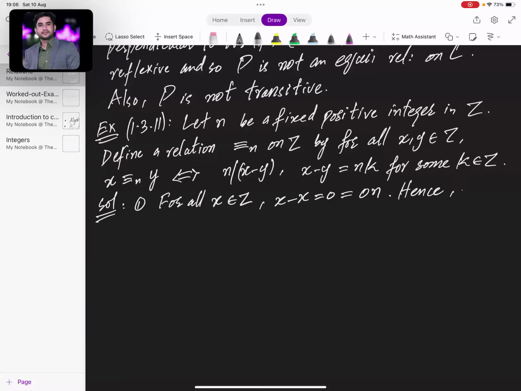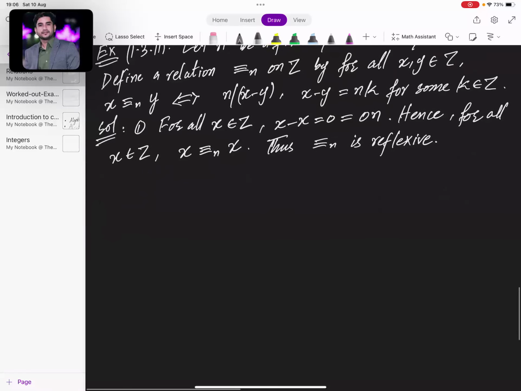Hence for all x in Z, x is related to x. Thus this is reflexive. Two, we show the symmetry.